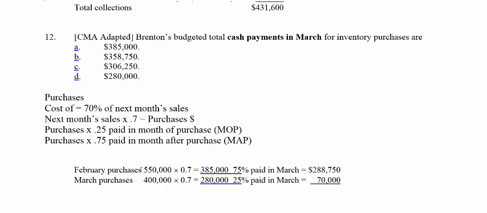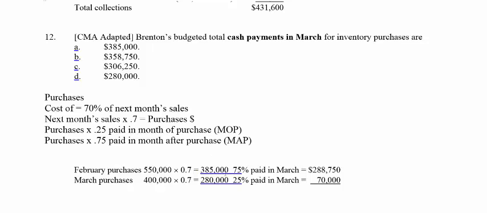They would have been based on the next month's sales, which was March, $550,000 worth of sales, times 0.7, meaning in February we would have purchased $385,000, 75% of which would have been paid in the month after purchase.